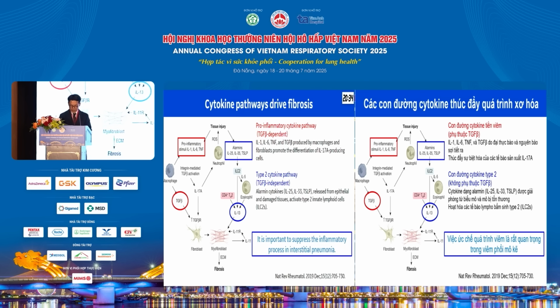The second is the type 2 cytokine pathway, which is involved in fibrosis following tissue damage and allergy. The immunosuppressive drug target is the pro-inflammatory pathway downstream, which is associated with TGF-beta.